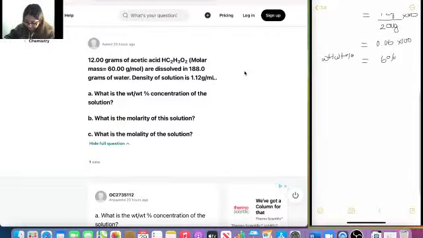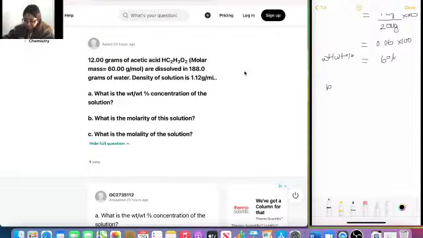And so B says, what is the molarity of the solution? The molarity is the ratio between the number of moles divided by the volume in liters.